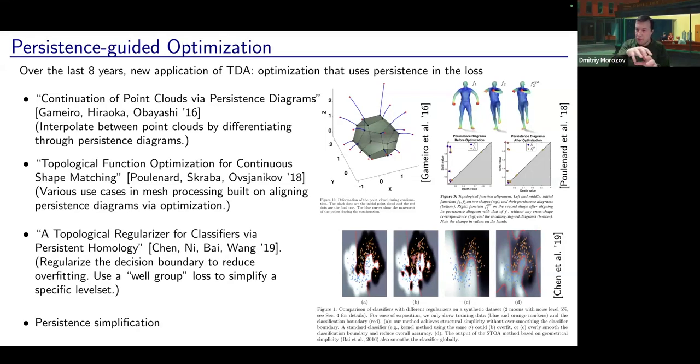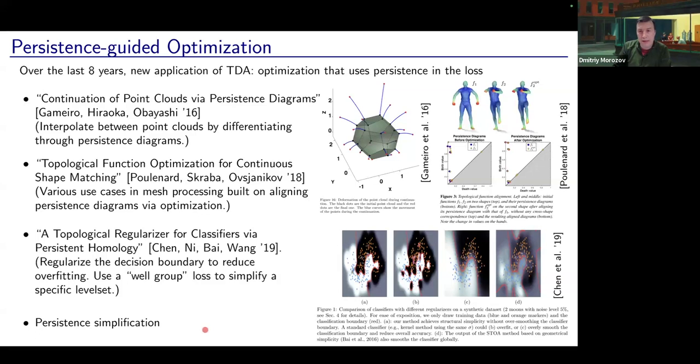So you need to classify points in that region as orange, but this is an artifact of noise. It's not really something that you actually want. This is Chao Chen and co-authors. They suggested that if you regularize your machine learning training, namely you penalize the topological complexity of the decision boundary of your classifier, then you can improve the prediction by reducing the overfitting. I think that's a very powerful idea that people are looking into more.